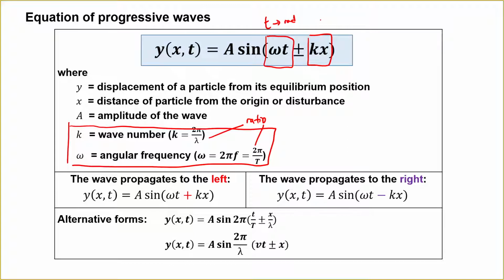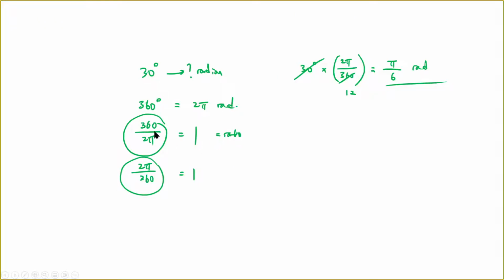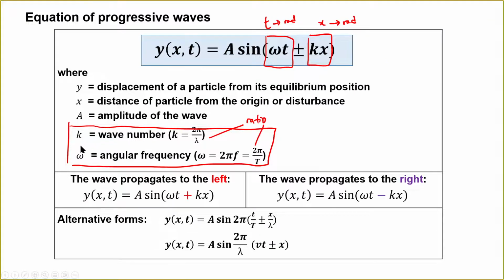Convert from distance to radian. Understand? Convert from time to radian, convert from distance to radian. That's what I mean by ratio. That's the meaning of omega here. Omega is a ratio. Wave number is also a ratio. It's just to convert whatever time to radian, because we're talking about sine theta kan, betul tak?